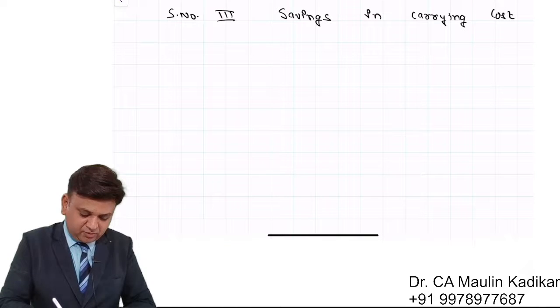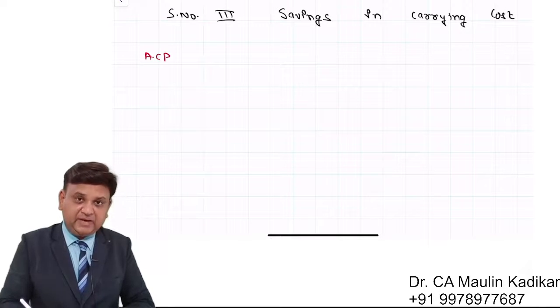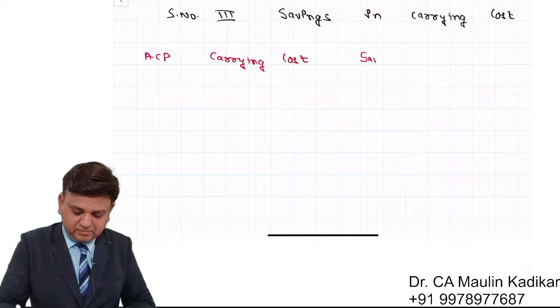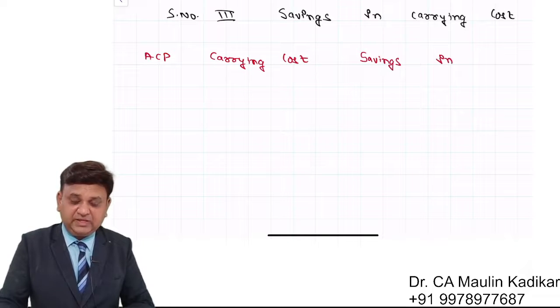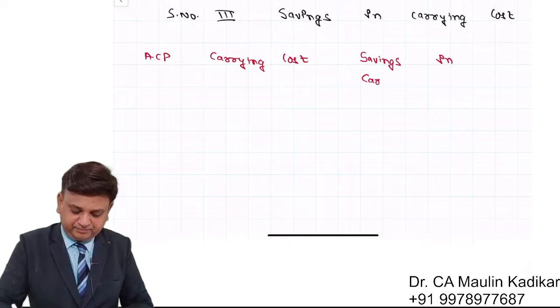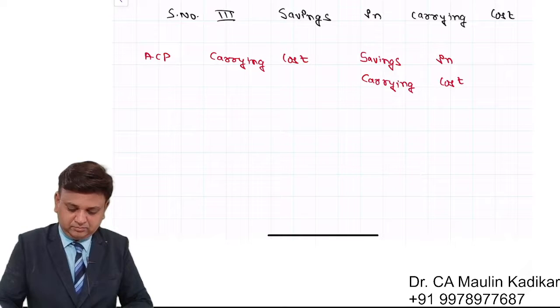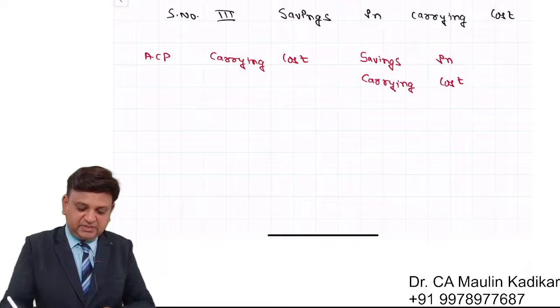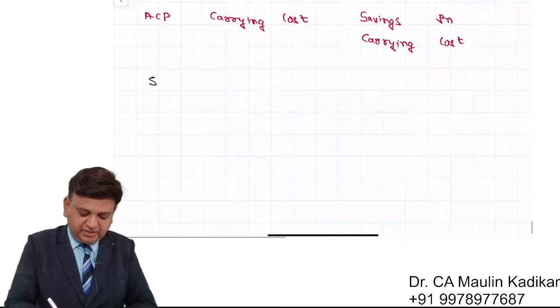So step number three, savings in carrying cost. Let us understand how to calculate it. Average collection period, carrying cost, savings in carrying cost. We will have three columns. Average collection period is provided to us right now as 50 days.